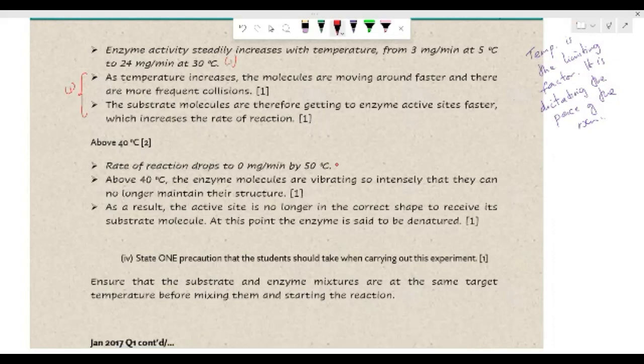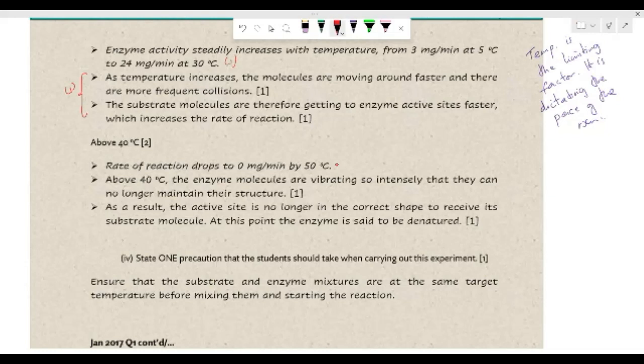So above 40, enzyme molecules are vibrating so intensely, they can no longer maintain their structure, right? Because again, with high temperature, it's not just them zipping around in the solution. The molecule itself is also vibrating, because remember, the enzyme molecule is a very large molecule, right?